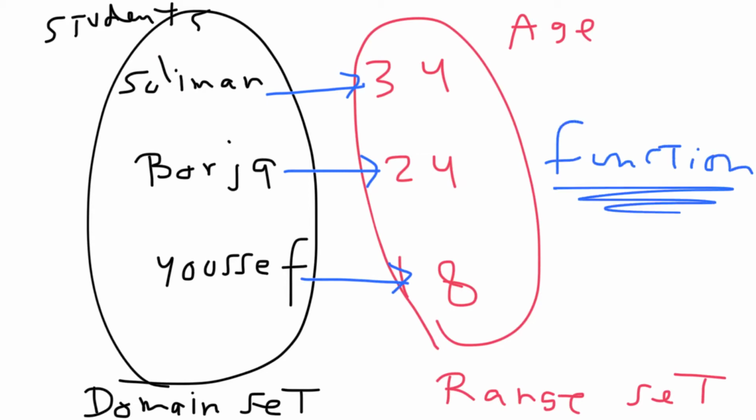So a function has this condition: every student has only one age, one arrow coming out. If it is more than one, then it is not a function anymore. If it is connecting like this, it's not a function anymore. So that's the condition of a relation and a function.